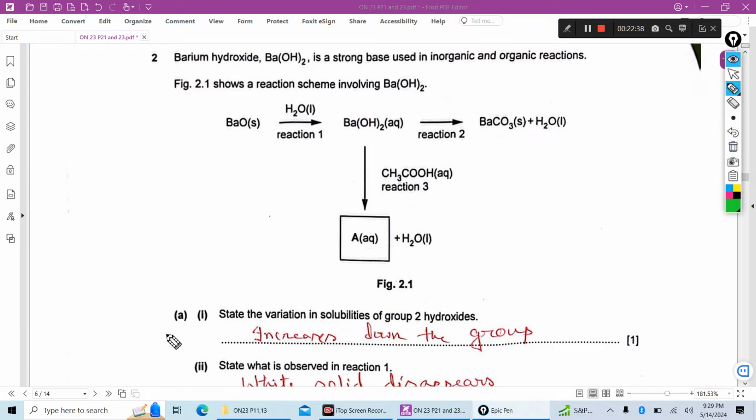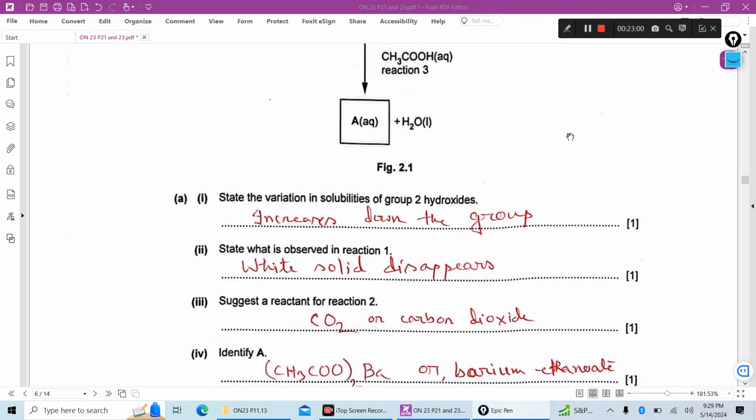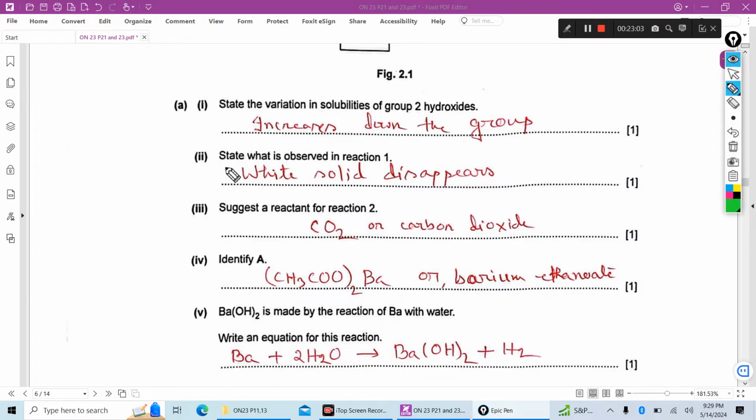Now you see A1: state the variation in the solubilities of group 2 hydroxides. You know down the group, solubility increases. Then, state what is observed in reaction 1.